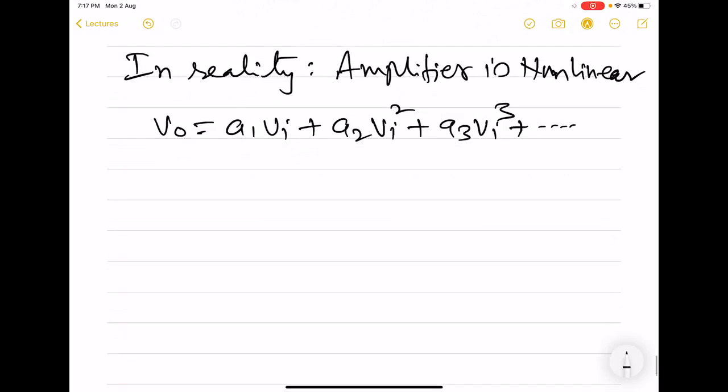But fortunately, in real life, all these coefficients are very small, and in most cases they can be neglected. So now let us try to retain these two additional terms, square and cubic terms, and neglect the fourth and higher order terms, and let us see what happens to the output.